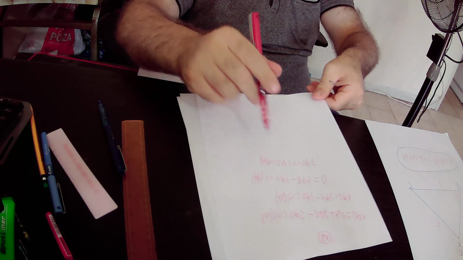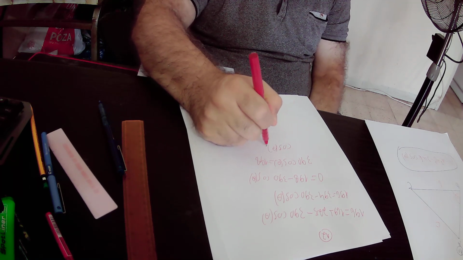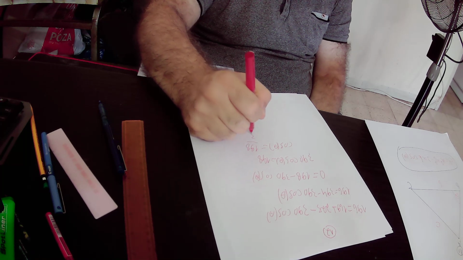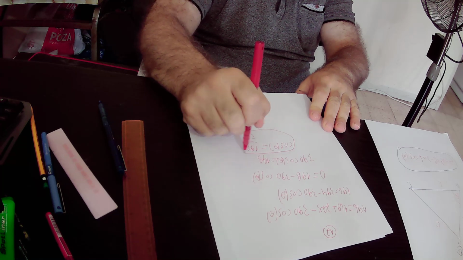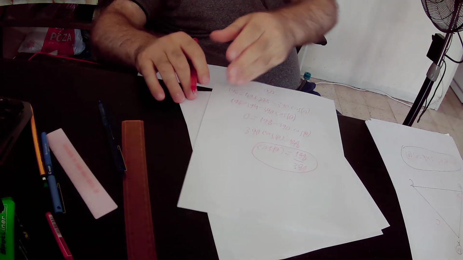So we get that cosine theta equals 198 over 390. Okay, we found the value of cosine theta.